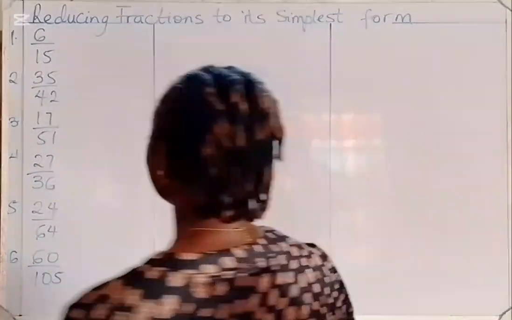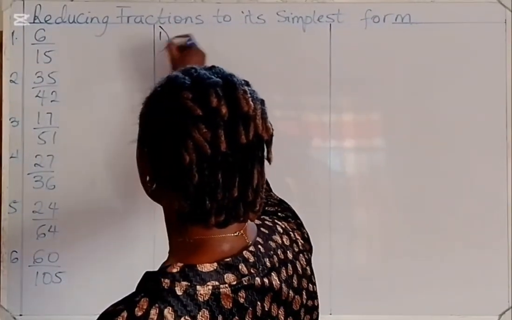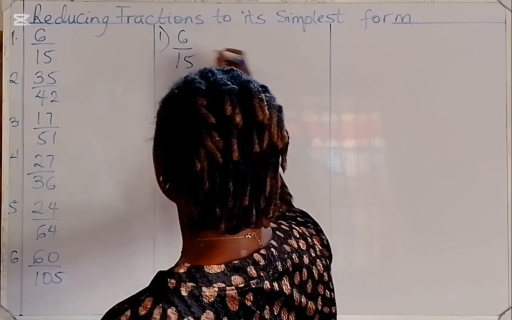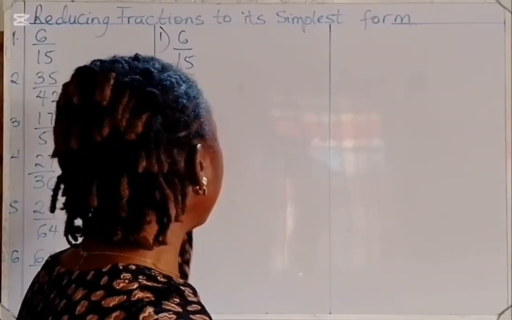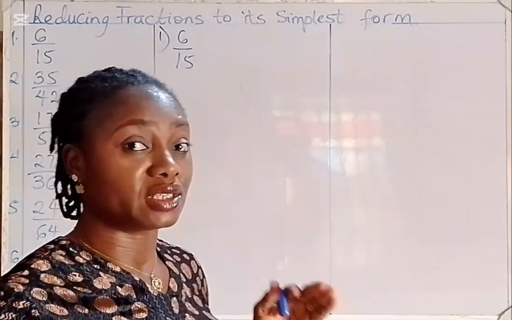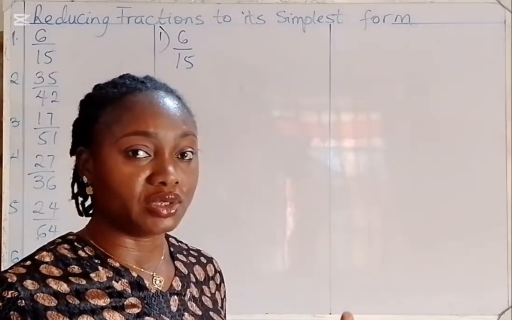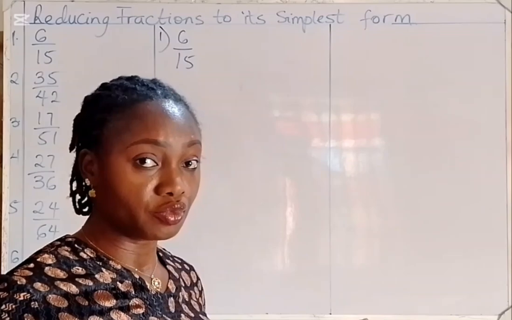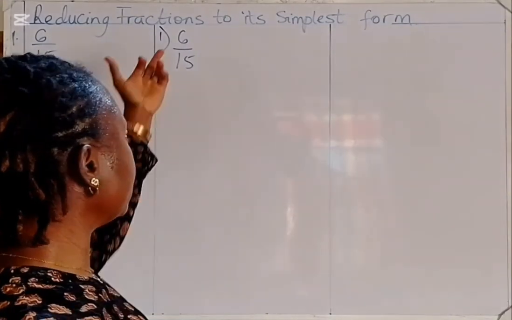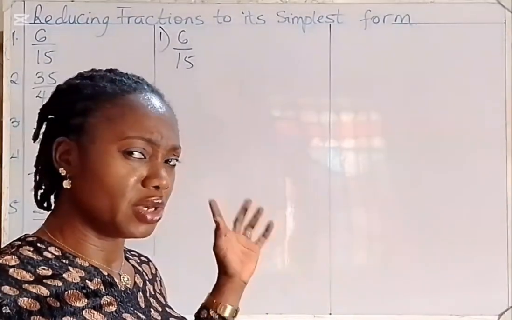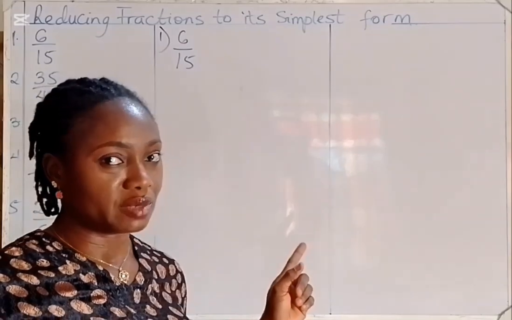Let's go. The first question here, we have 6/15. How do we reduce 6/15 to its lowest form? Now we start by using the lowest number, which is 2. If 2 can go into 6, can 2 also go into 15? Impossible.